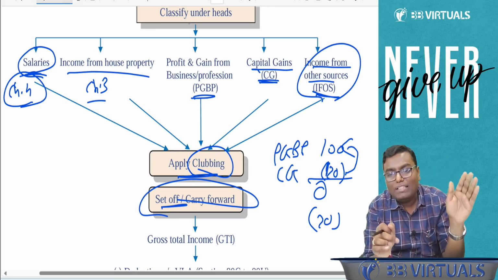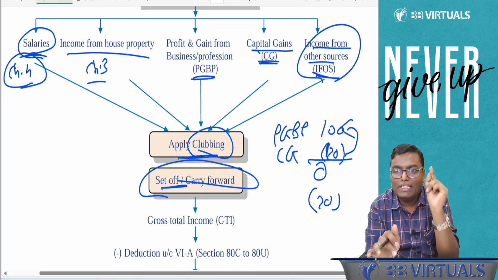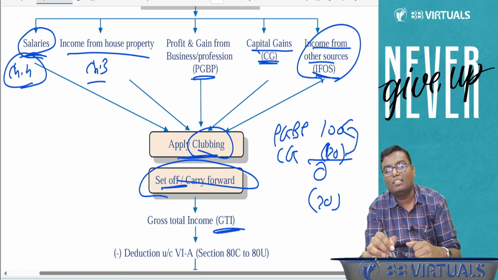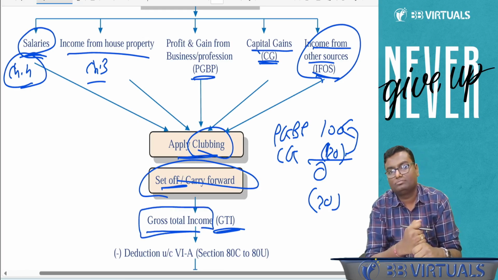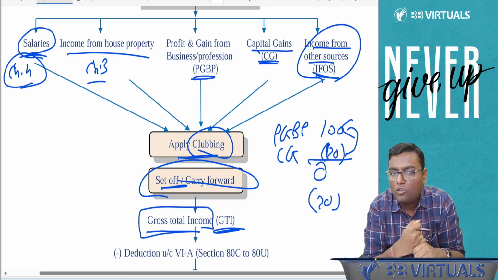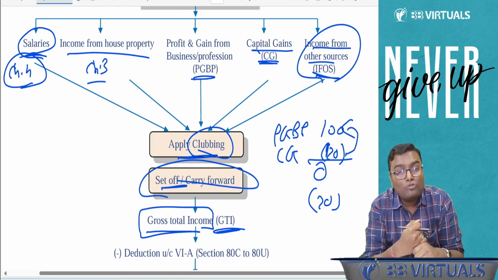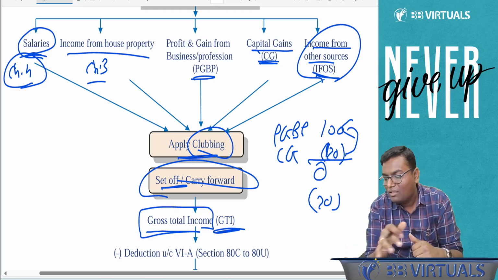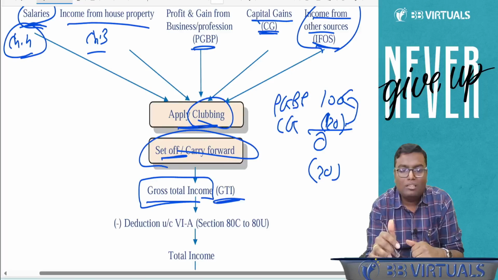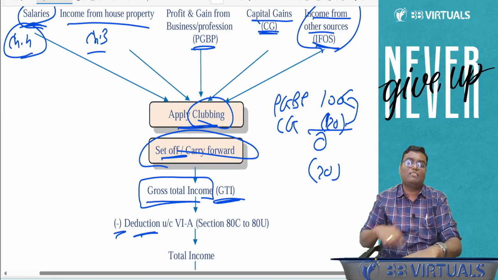Now once all the things are done, we will get one income which is called GTI. Full form of GTI, gross total income. But I'm not supposed to pay tax on gross total income. I'm supposed to pay tax on total income. Then what is remaining now? From gross total income, we will deduct some deductions.